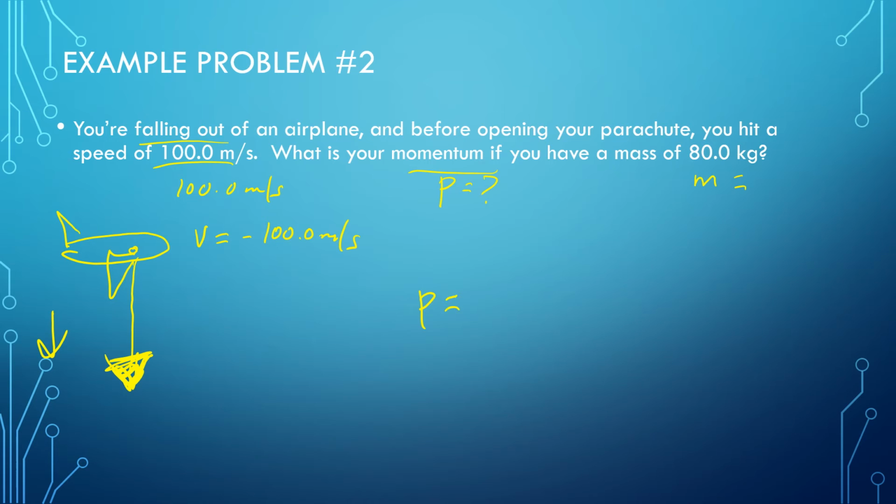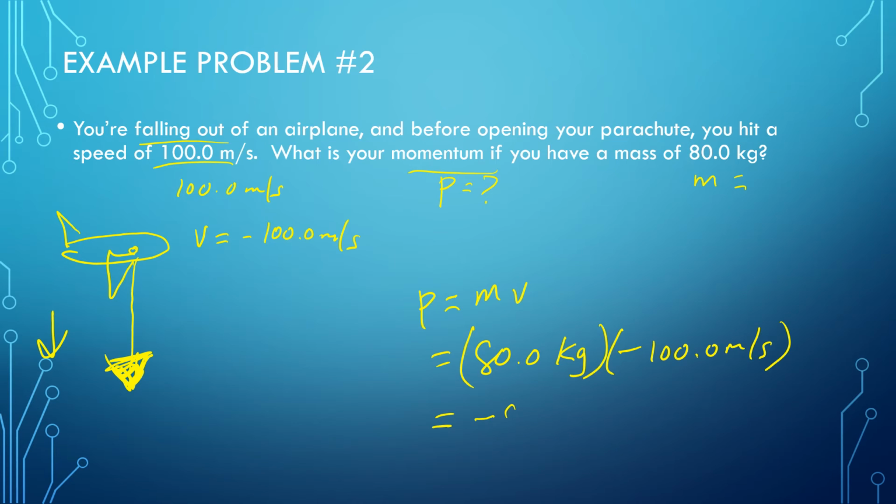So p equals mass times velocity. So 80 kilograms times negative 100 meters per second. So I have negative 8,000 kilograms times meters per second.